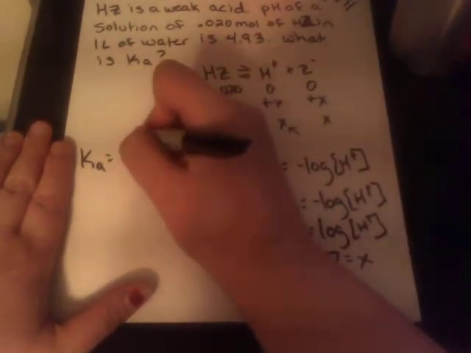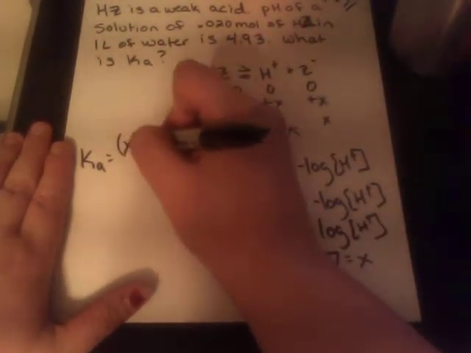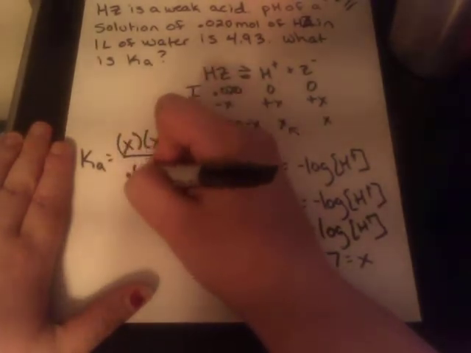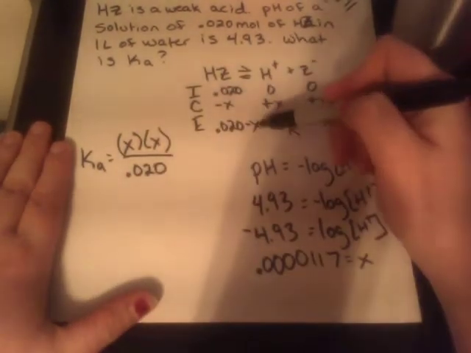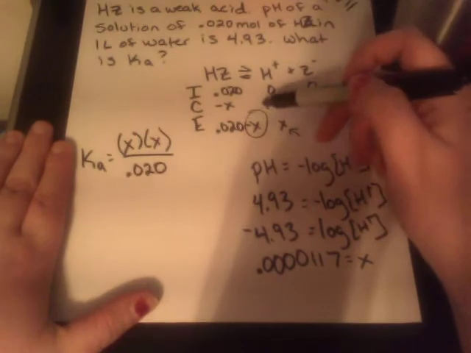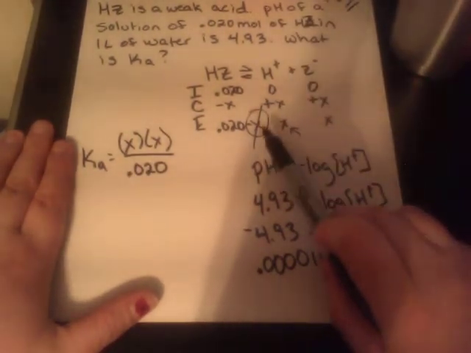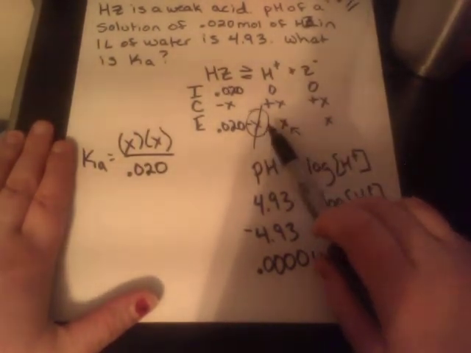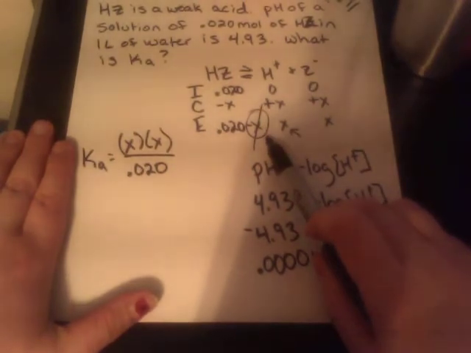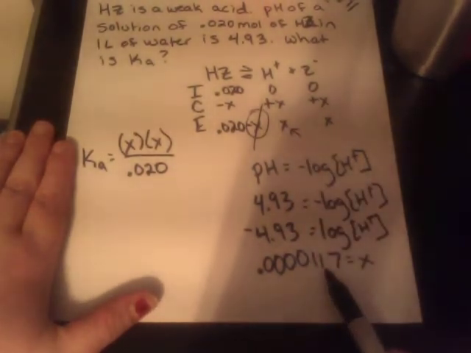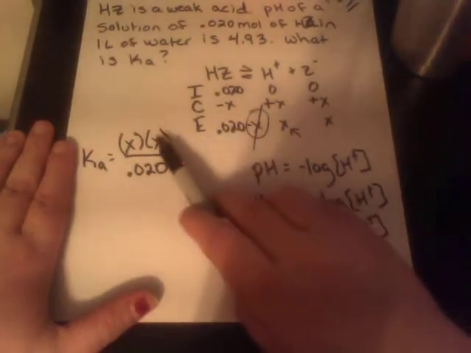It's going to be x times x over 0.020. This is negligible. In a lot of problems that I give you, I'm going to tell you whether or not plus x or minus x are negligible. There should only be one where you have to use the quadratic. So we know what x is now, so we can plug that in here.